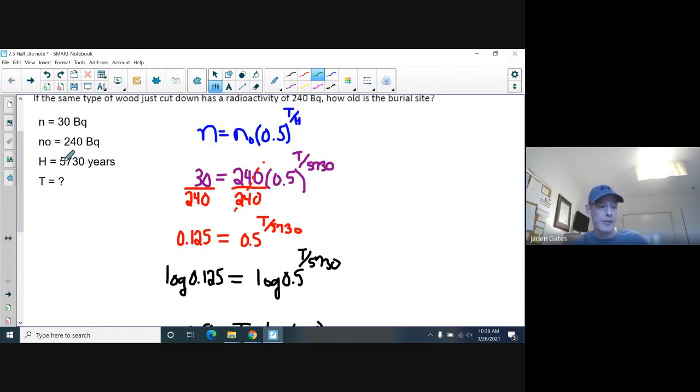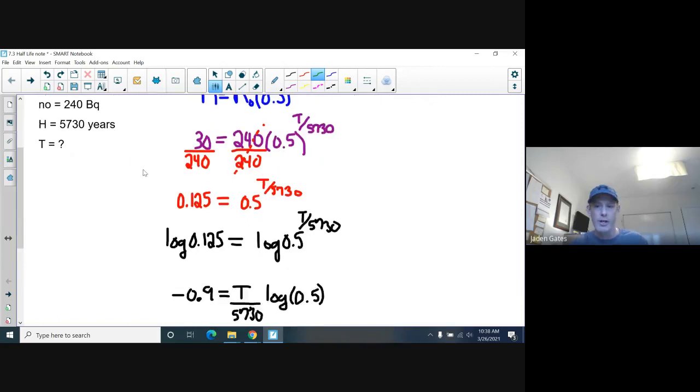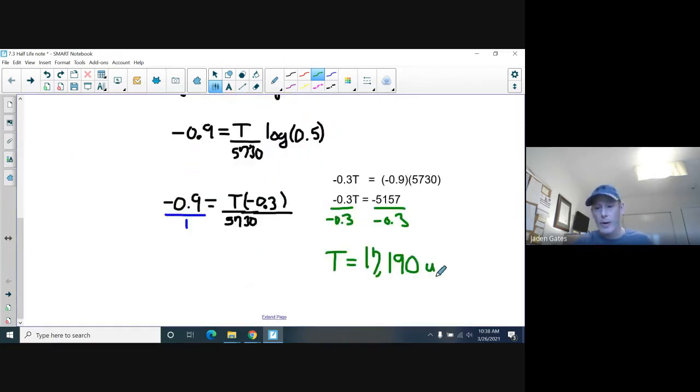Because this half-life is 5,730 years, that's how old our burial site is. Now, it's not exact, but they do use this to figure out how old things are. What often happens, especially with global warming, is they find animals up in the far north, in the Antarctic, like a woolly mammoth frozen in ice.